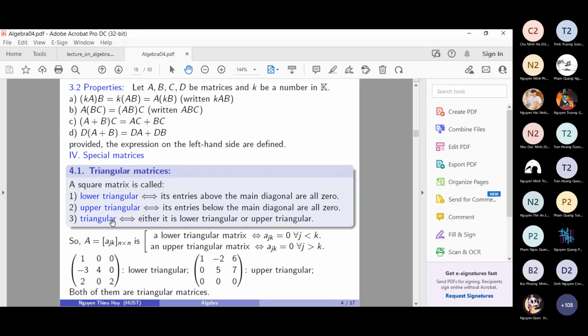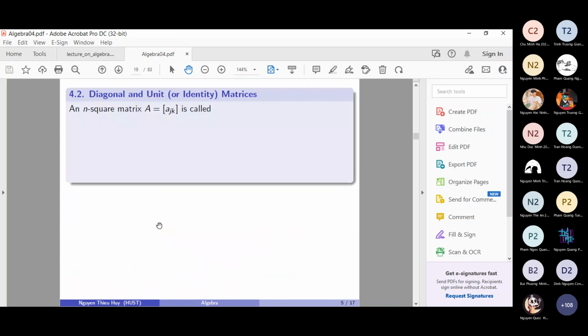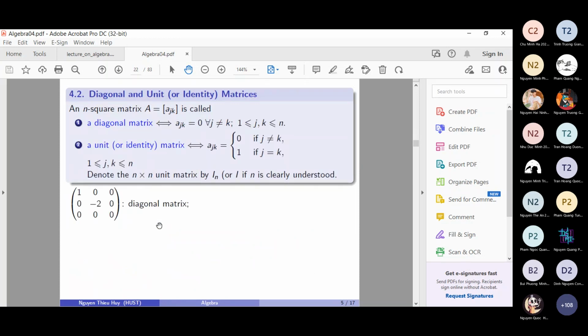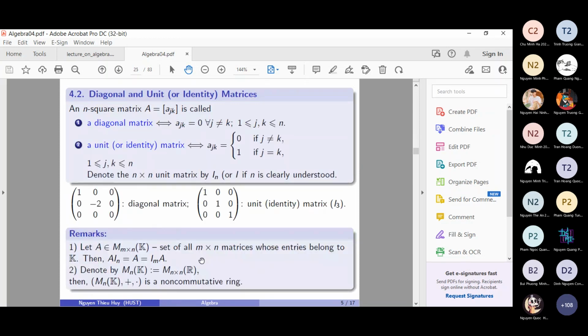And the multiplication is associative, and there is a multiplicative identity. Good. And the two distributive properties are true, and therefore you obtain that this is a ring, but it's a non-commutative ring.